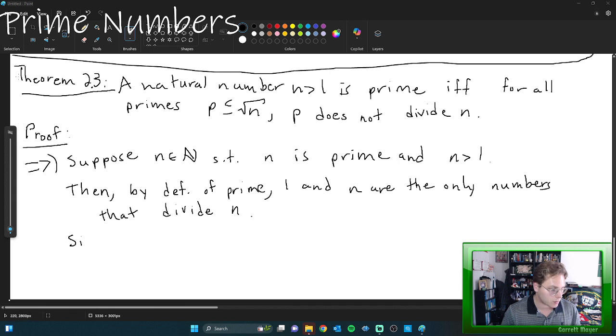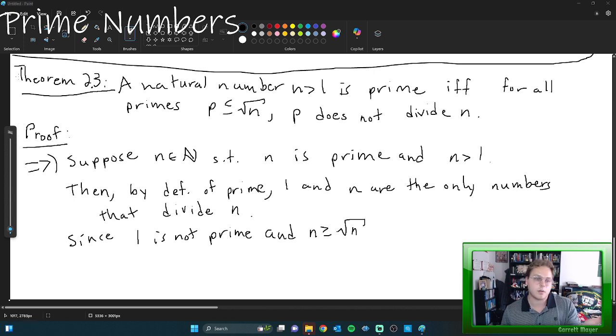So since 1 is not prime and n is greater than or equal to the square root of n, because n is a natural, so it's greater than or equal to 1, and so n is greater than or equal to the square root of n. But even just by the fact that n is greater than 1, you can see that.